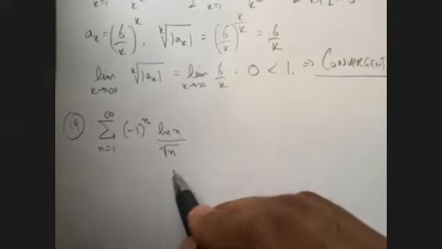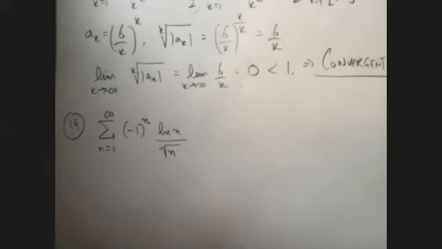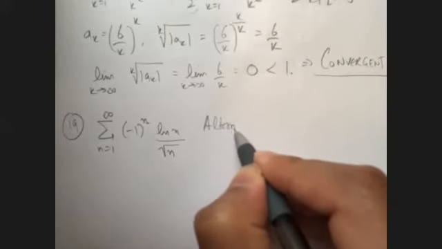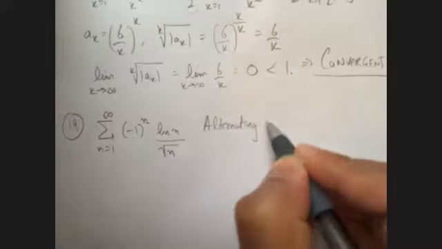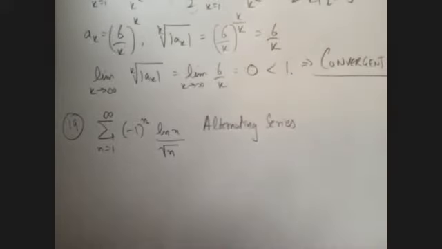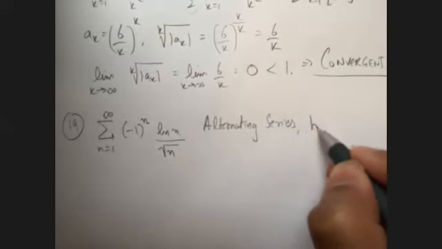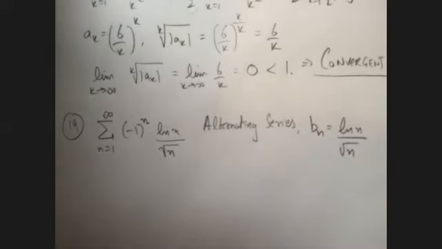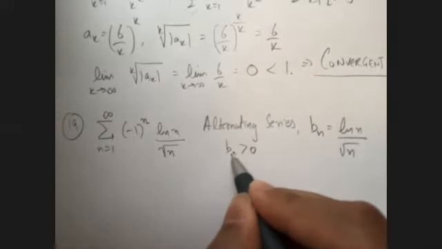ln n over root n. So this is an alternating series, where Bn is this, and you can see that Bn is positive.